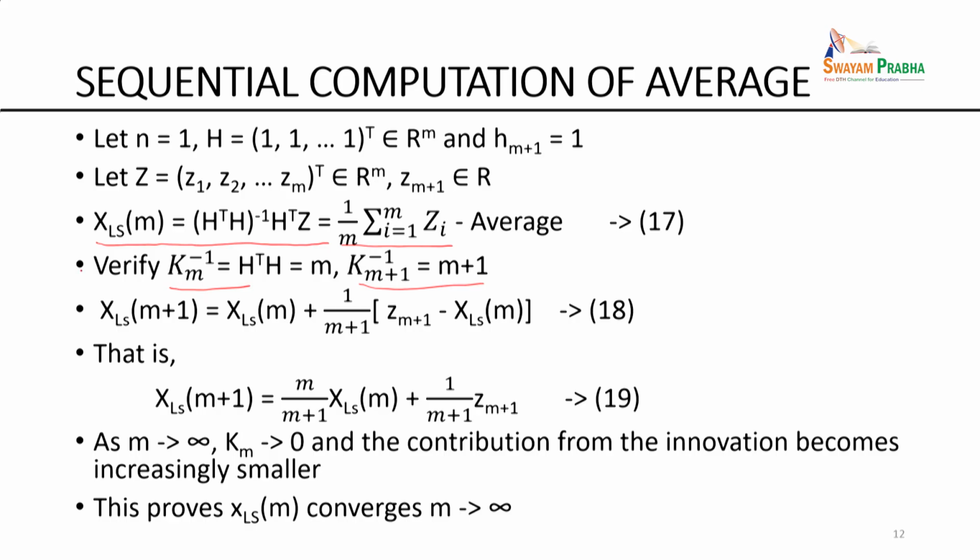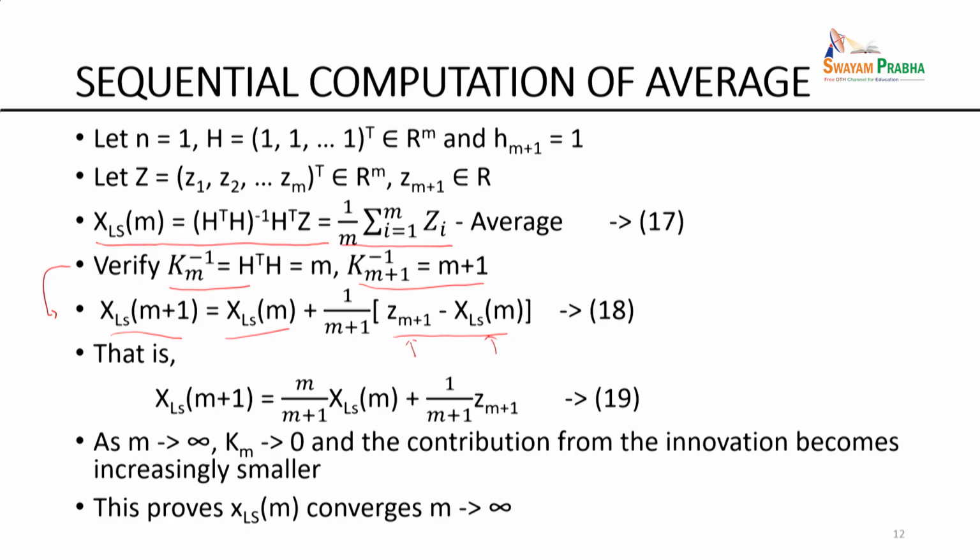If you apply and specialize that to the sequential computation of the average, the equation for the sequential update is: the least square estimate of the average based on m plus 1 observations is equal to the least square estimate of the average based on m observations plus the weighted sum of the difference between the new observation that came to the table, minus the old estimate.